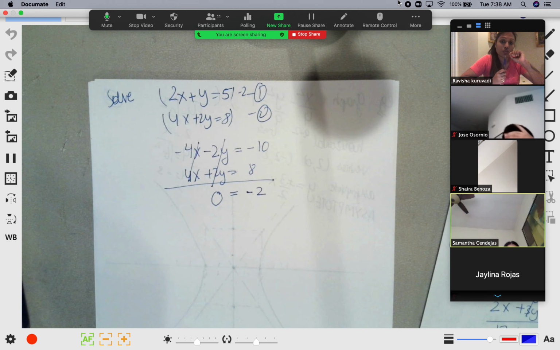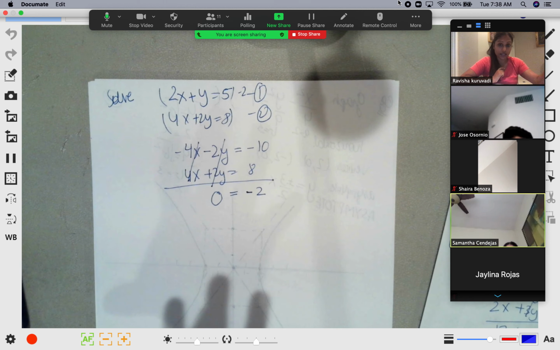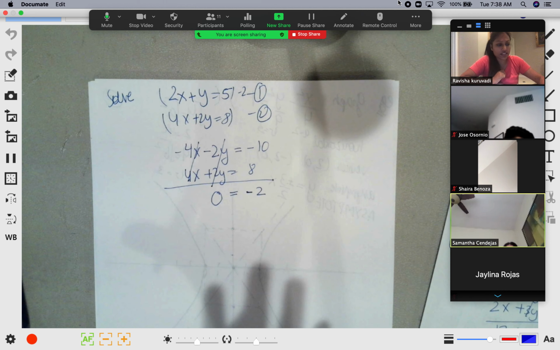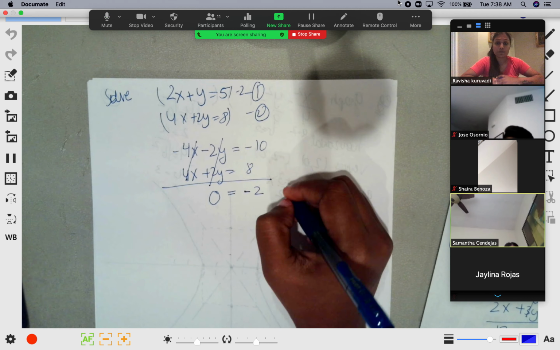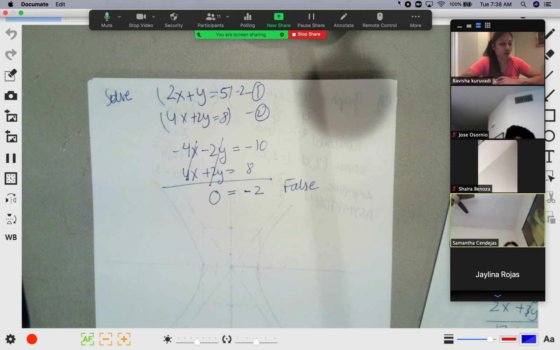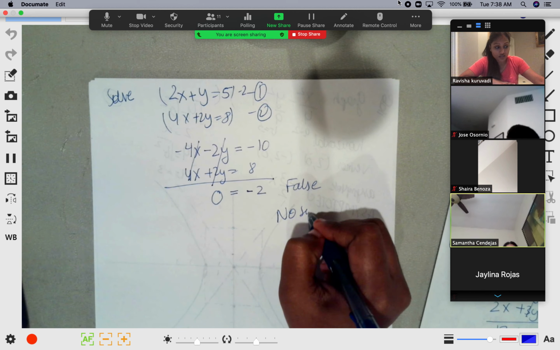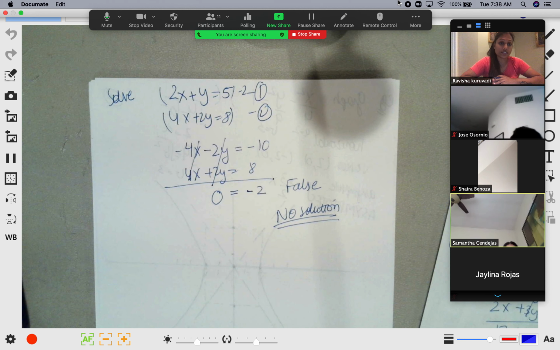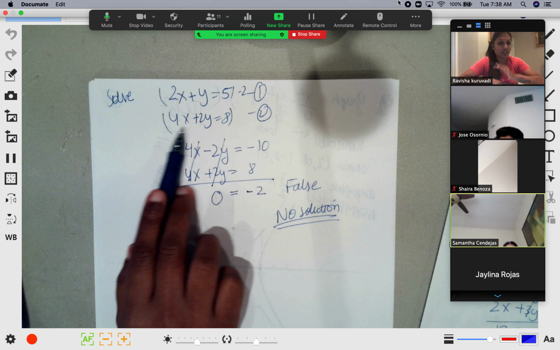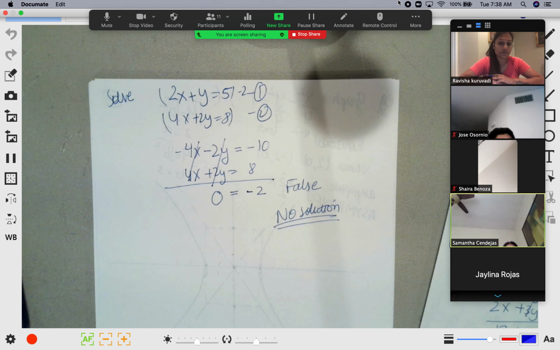When you reach a point where you get something like 0 is equal to negative 2, which is false, that means your direct answer is no solution. There is no value of x and y which gives 5 here and the same values give 8 there. There is no such value. So directly you can say it is no solution.